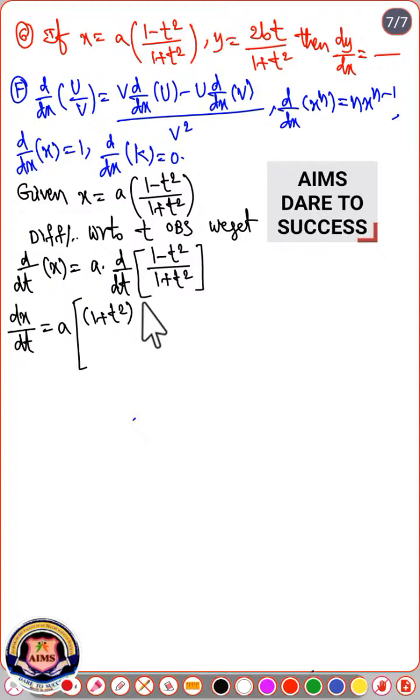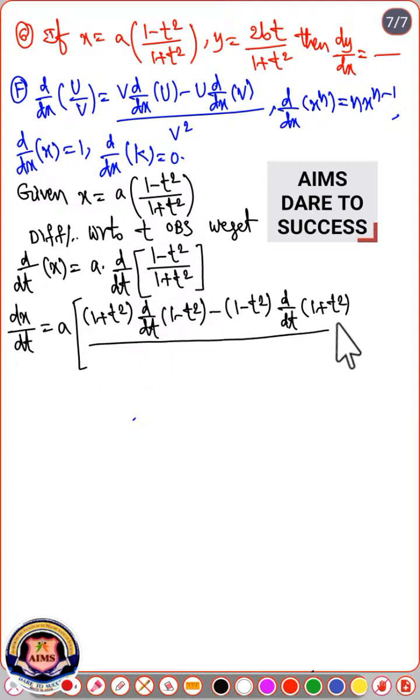first denominator 1 plus t square into d by dt of numerator 1 minus t square, then keep minus. Now numerator 1 minus t square into d by dt of denominator 1 plus t square, whole divided by denominator (1 plus t square) whole square.